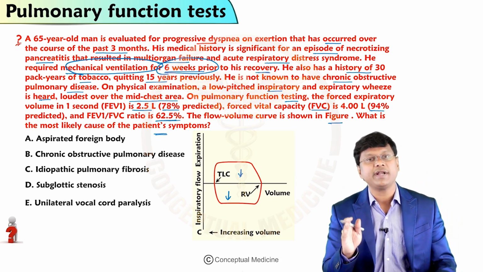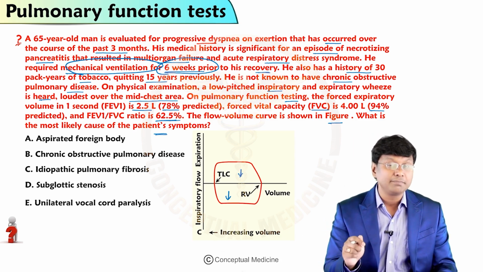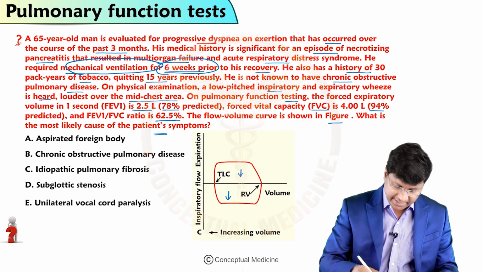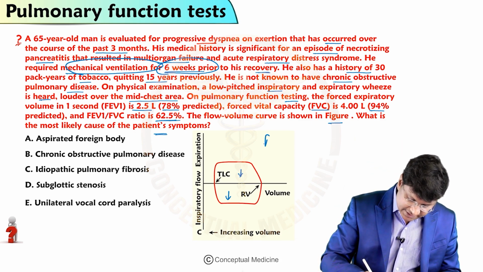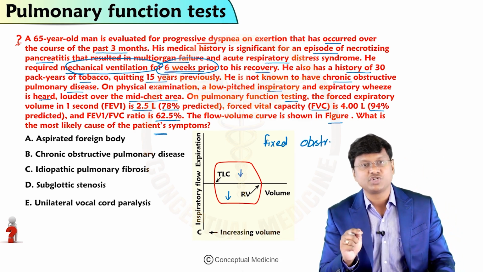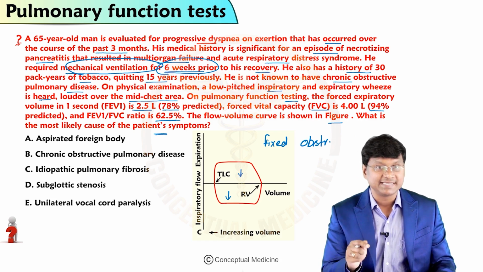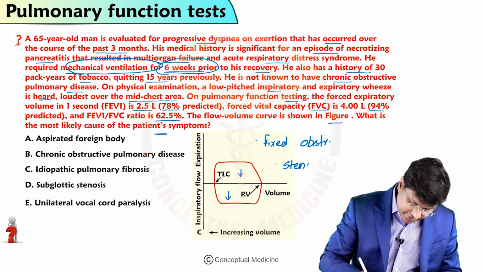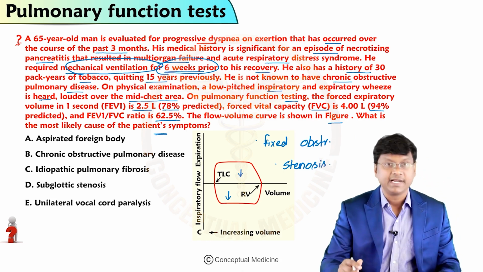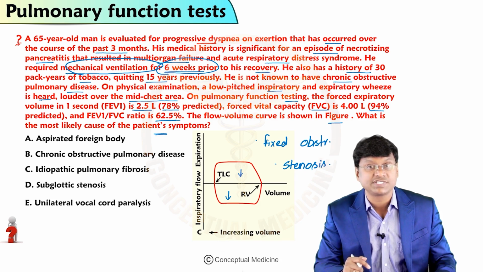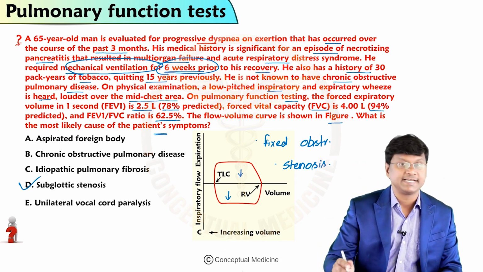That means a prolonged intubation that might have made the individual develop a fixed obstruction. And what is that particular fixed obstruction? That is nothing but the stenosis of the respiratory tree. That is subglottic stenosis. The answer is subglottic stenosis.